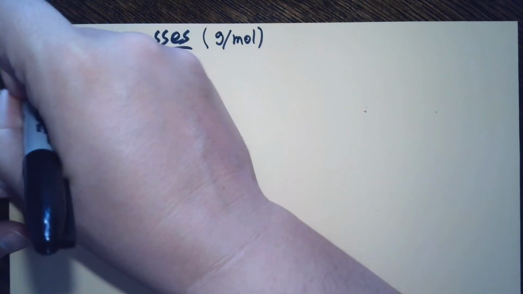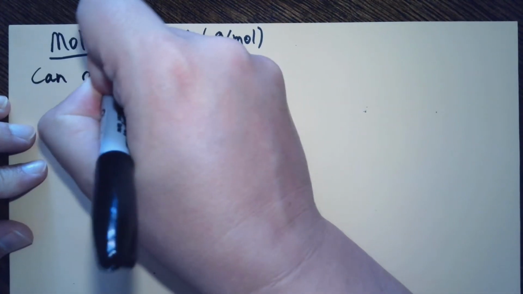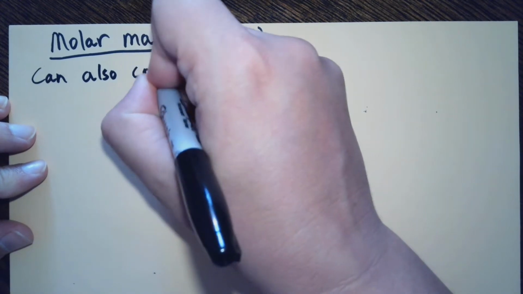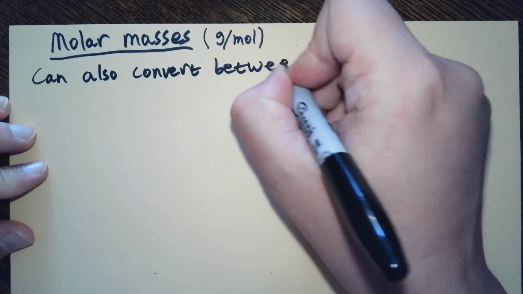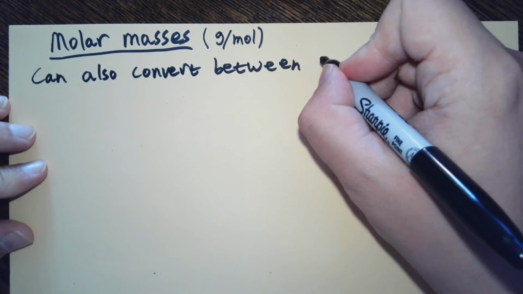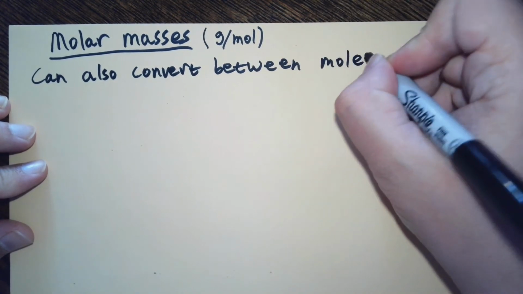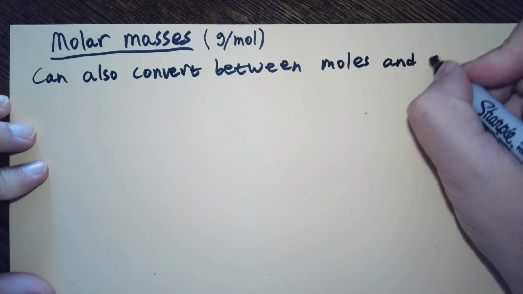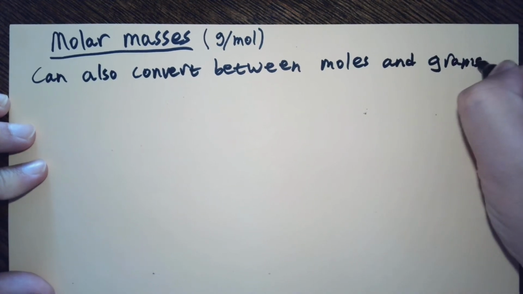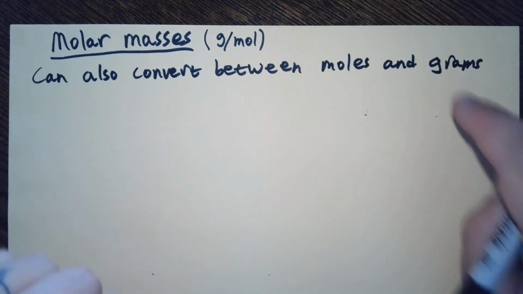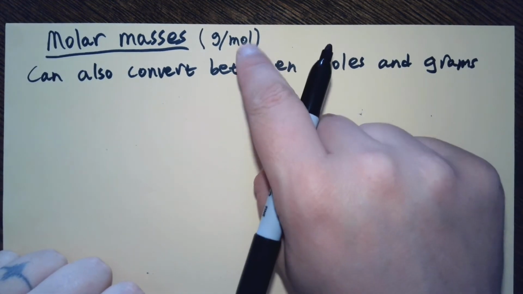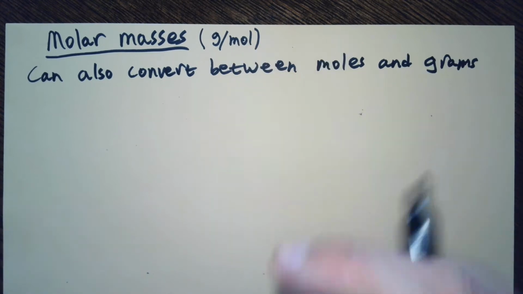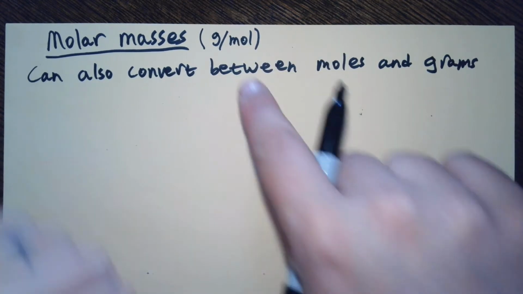So remember that we can also convert between moles and grams. And by the way, just like grams can be shortened as a unit to G, moles can be shortened too to MOL. Yes, that's how much of it we can chop.